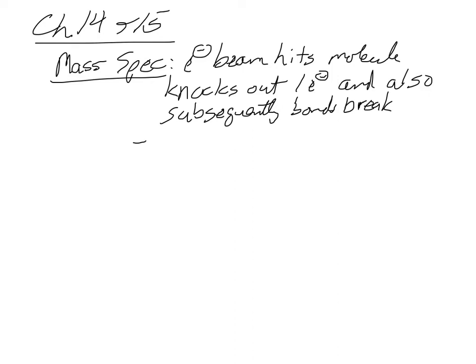A couple of terms: when you lose just one electron, what was that called? The molecular ion. Molecular ions just lost one electron. If you're going to break bonds and form fragments, what kind of fragments do you expect to make? The most stable.